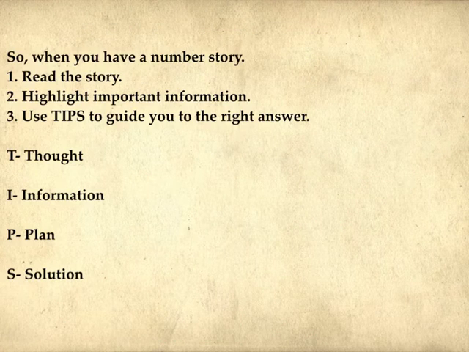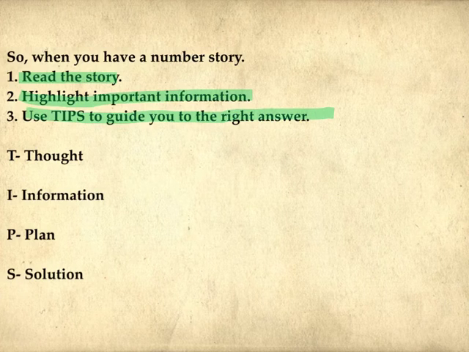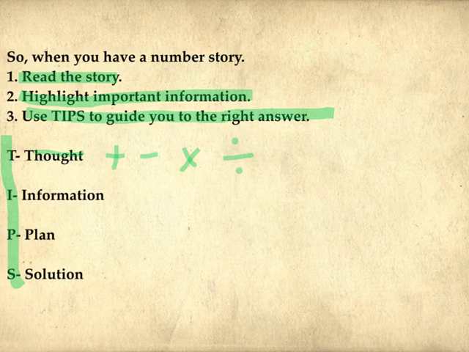So when you have a number story, first read the story, then highlight the important information. And you can use TIPS to guide you to the right answer. And remember, TIPS stands for the thought. Is it an addition, subtraction, multiplication, or division number story?